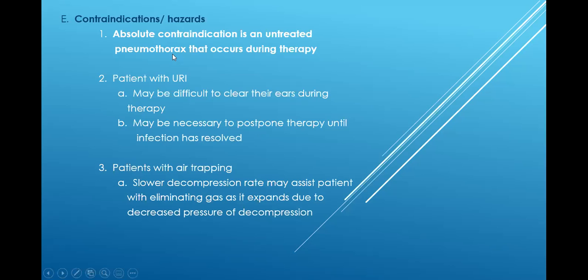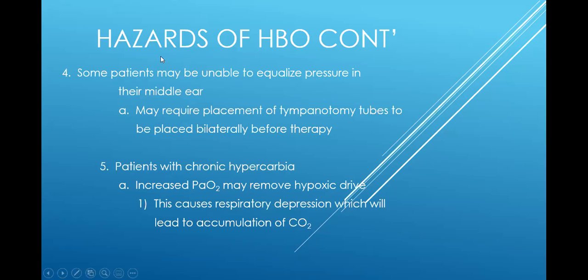Some more hazards. Some patients may be unable to equalize pressure in their middle ear. So they may have to get tubes. You ever heard somebody say, I got tubes in my ears? Some babies or kids had to have tubes put in their ears because they have middle ear issues. And sometimes they might have to place tympanostomy tubes in their ears bilaterally before therapy.